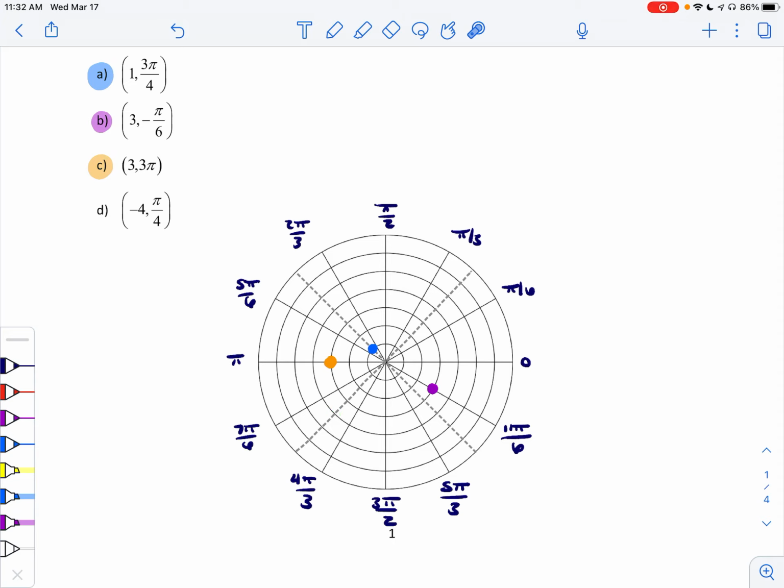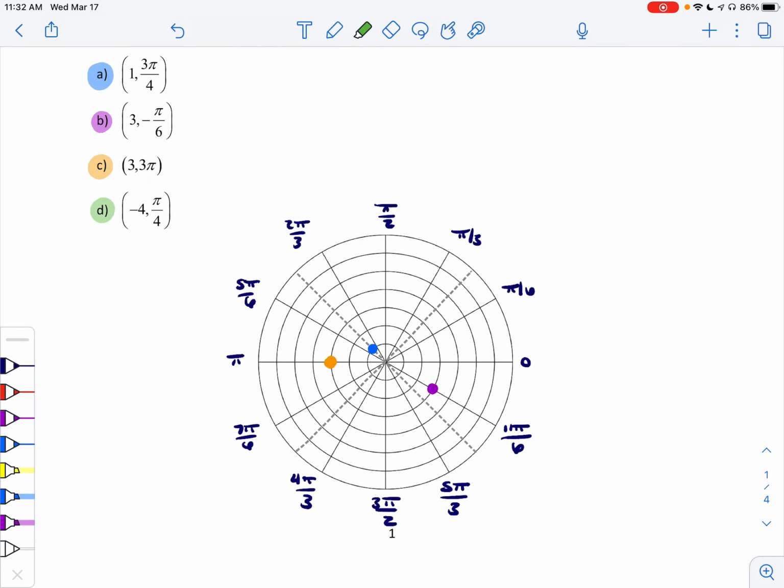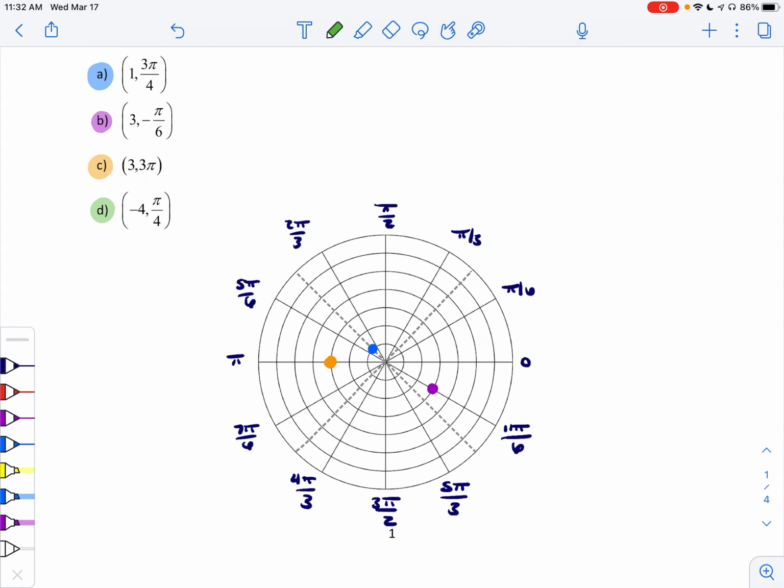So negative radius means we start on the pi over 4 line, but then we're reflected across the unit circle, across the origin into quadrant 3. Okay, so let's just go ahead and plot that point then. 1, 2, 3, 4 circles out, and we're down here in quadrant 3.